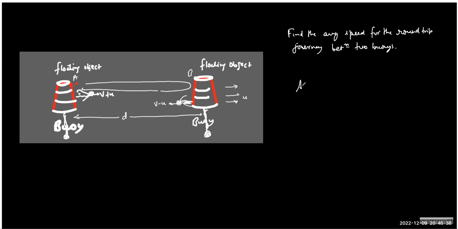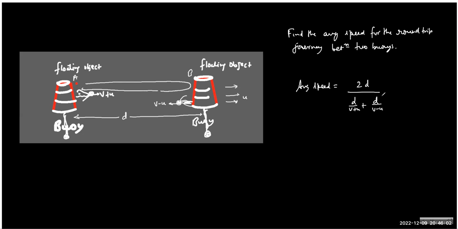So the average speed means total distance traveled upon total time taken. While going from A to B, the time will be how much? Assuming d is the distance, what is the time taken to go from A to B? d by (v plus u). And while coming back, d by (v minus u).